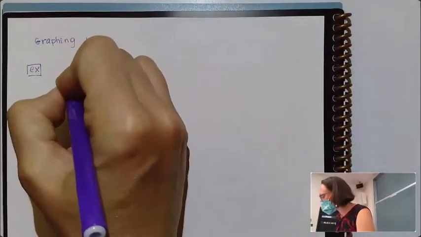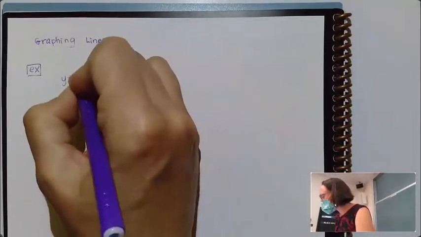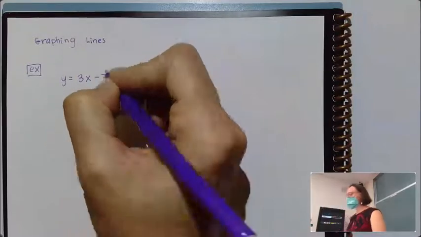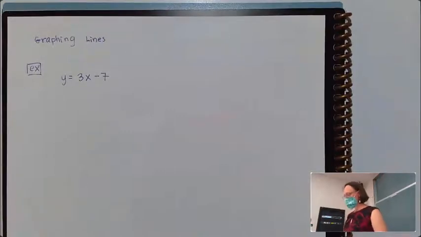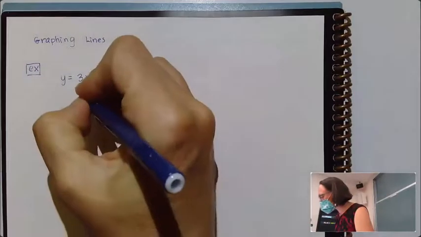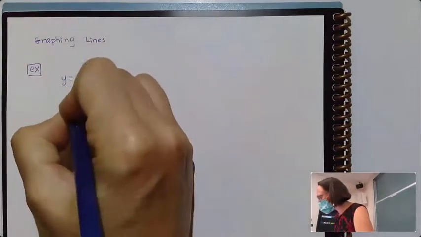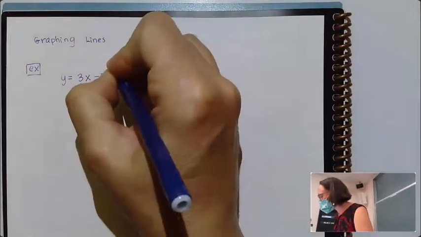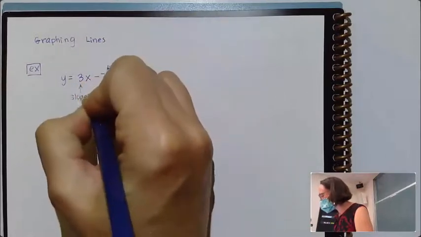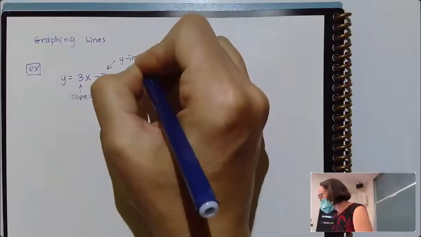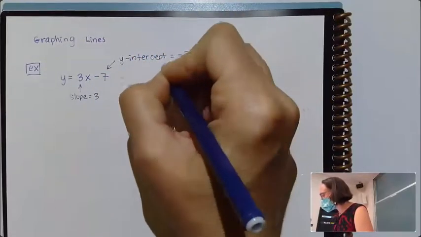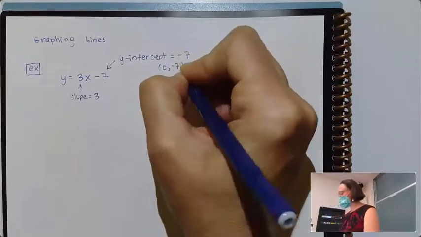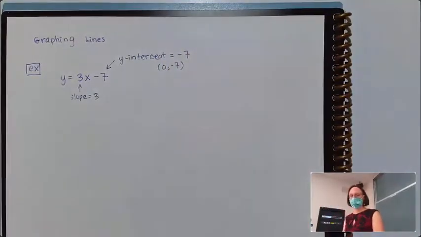So if I had something like y equals 3x minus 7, I would definitely expect that looking at this, we should be able to read off that the slope is 3 and that the y-intercept is -7, or (0, -7) if we write it as an ordered pair.